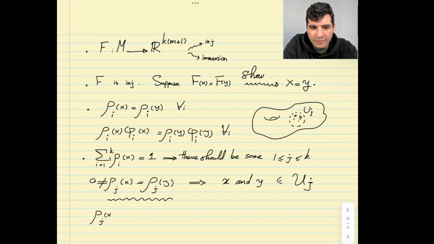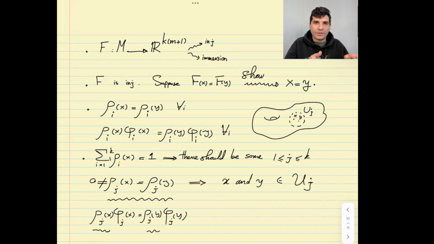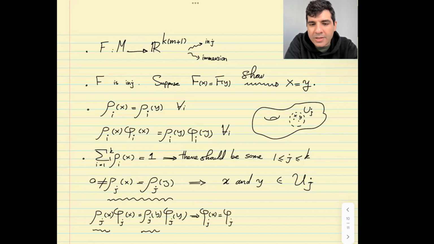Since rho_j of x times phi_j of x is equal to rho_j of y times phi_j of y, and rho_j of x is equal to rho_j of y, and they're non-zero, we can cancel them from both sides of the equation. So phi_j of x is equal to phi_j of y, but phi_j is a diffeomorphism to its image, right? It's a diffeomorphism to some open subset, so it's injective.